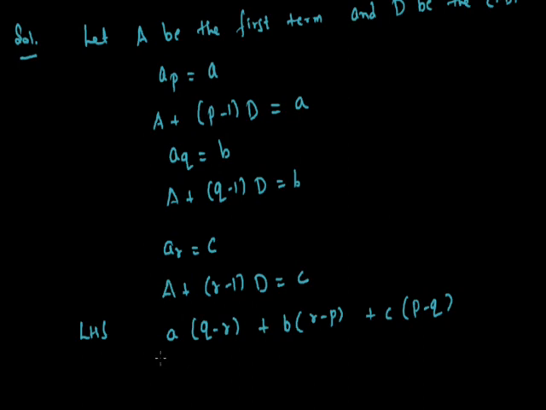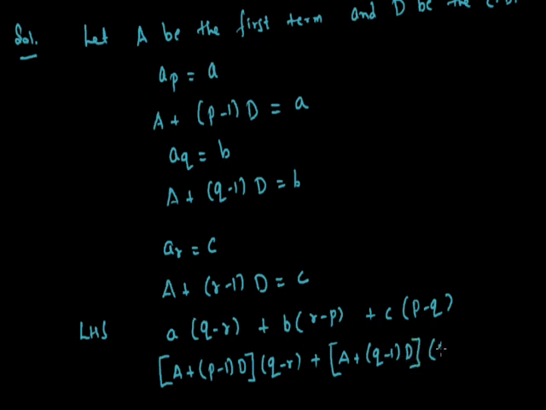Now the value of a is A plus (p minus 1) multiplied by D. So this is multiplied by (q minus r), plus A plus (q minus 1) multiplied by D, multiplied by (r minus p), plus A plus (r minus 1) multiplied by D, multiplied by (p minus q).